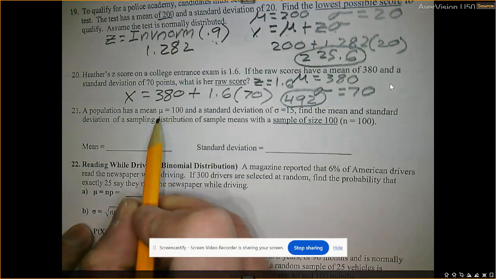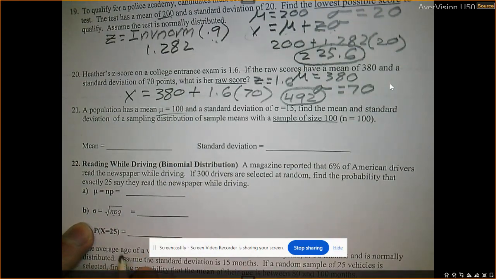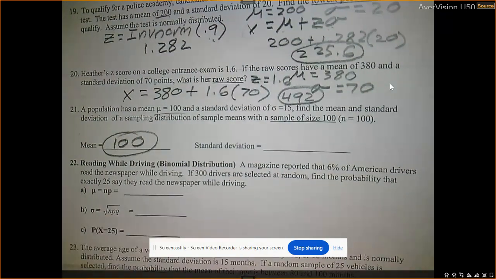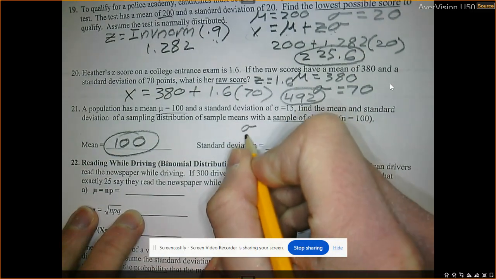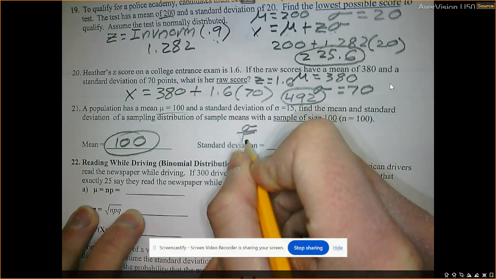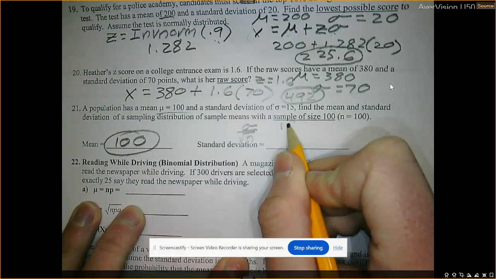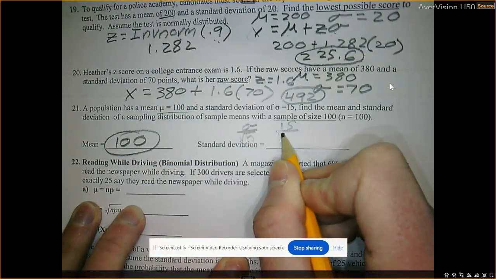Mean of the sample means is going to be the same as the population mean. We've always said that. So your mean is still 100. That's basically 3 points. You're basically given an answer there. Standard deviation is always your population standard deviation divided by the square root of n. Okay, so our population standard deviation is 15 divided by the square root of n.